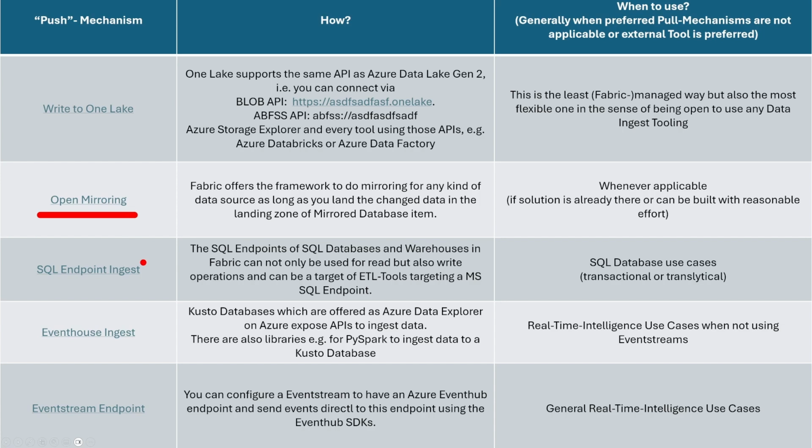Open mirroring will then use those increments, merge them together and populate this mirrored database item, which you can then use to shortcut specific tables internally within the Fabric platform, or even use the SQL analytics endpoint or a semantic model directly on top of it. There are a bunch of other videos, and I will probably also do a video about open mirroring specifically, but this is a very, very powerful mechanism from my perspective.